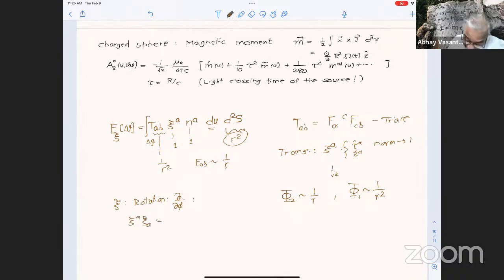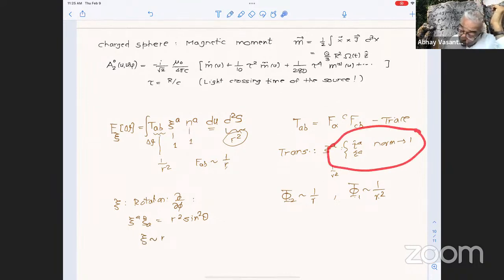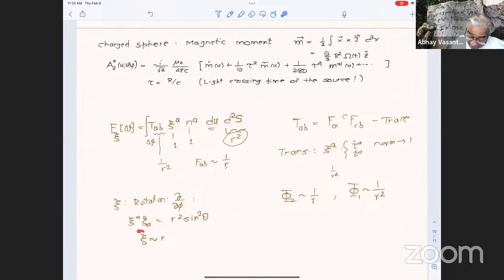Its norm is going to be given by r squared sine squared theta. Therefore, the C goes like r. It doesn't go to a constant. The time translation vector fields, where its norm is 1, they go to 1. But the rotation, d by d phi, is going to go like r.